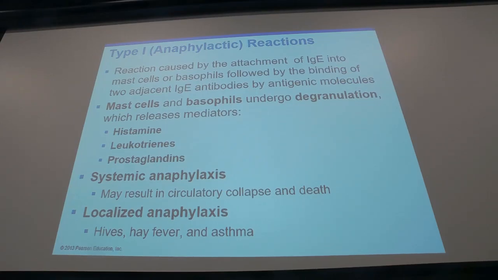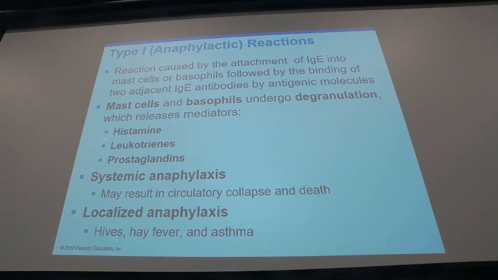But fortunately, most of these reactions are localized. They are not anaphylactic. But something for sure in anaphylactic reactions is that the person has to keep all the things that trigger this immune reaction out of the vicinity, like peanuts, shrimp, etc., because a person can get one of these reactions.